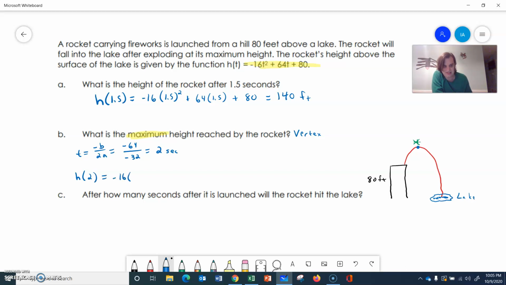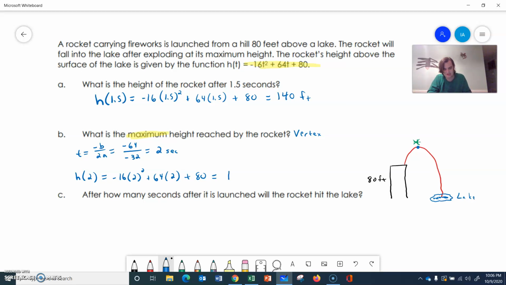So that would be negative 16 times 2 squared plus 64 times 2 plus 80. If I'm not mistaken, I've got 144 here.